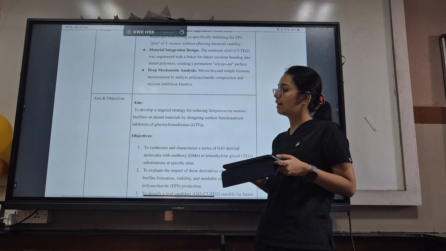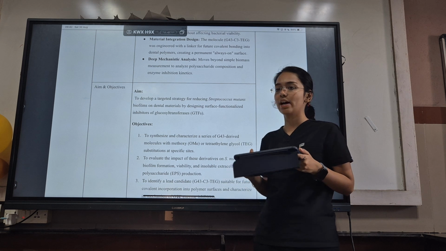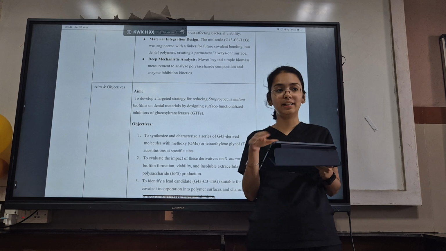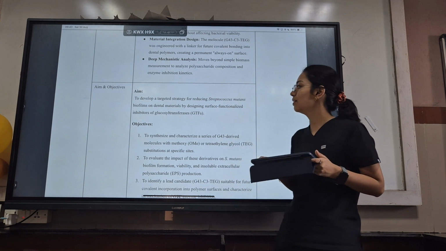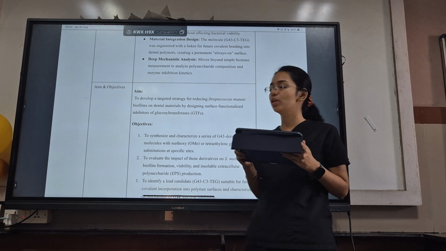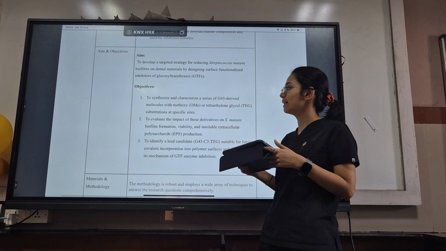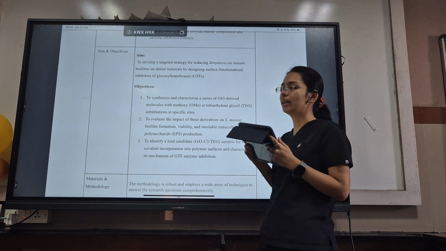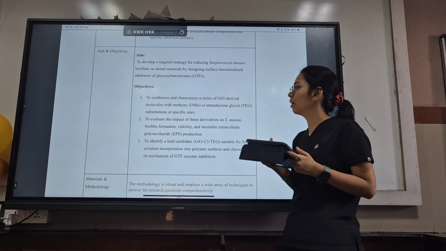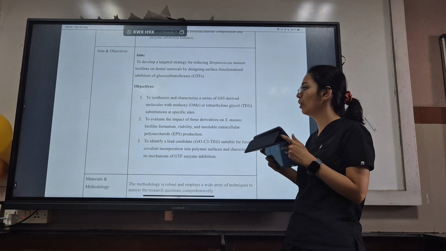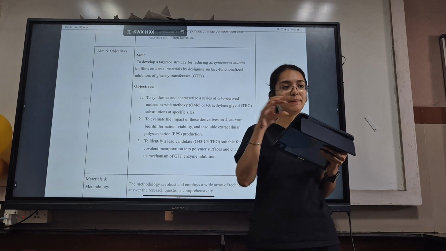So the aim of their study was to develop a targeted strategy for reducing S. mutans biofilms on dental materials by designing surface-functionalized inhibitors of GTF. The objective was to synthesize and characterize a series of G43-derived molecules with methoxy or tetraethylene glycol TEG substitutions at specific sites.